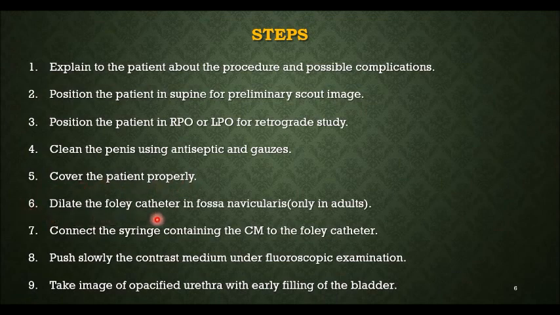Dilate the Foley catheter in the fossa navicularis, only in adults, not in pediatric cases. Connect the syringe containing the contrast medium to the Foley catheter, and push the contrast medium slowly under fluoroscopic examination. Take an image of the opacified urethra with refilling of the bladder. This is the retrograde study.